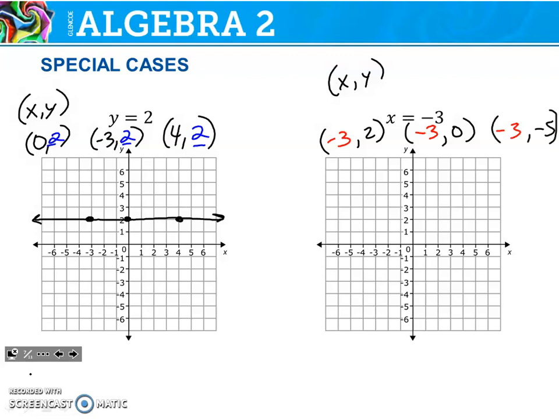Those are all points where my X value is -3, right? So if I graph -3, 2, there's -3, 0, there's -3, -5. Okay, well, based on those points that you found, what kind of line is this? This would be a vertical line. Okay, so X equals -3 is going to end up being a vertical line. Okay, one more video left after this.